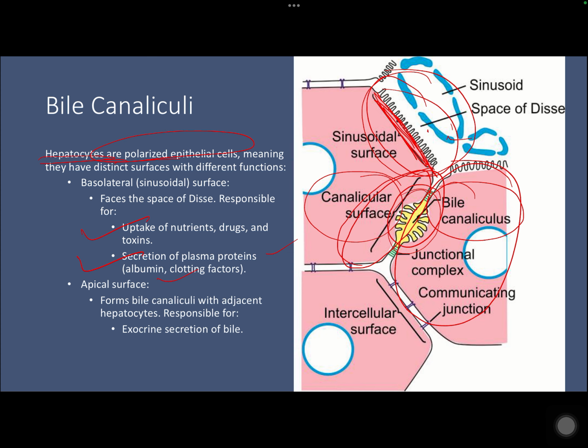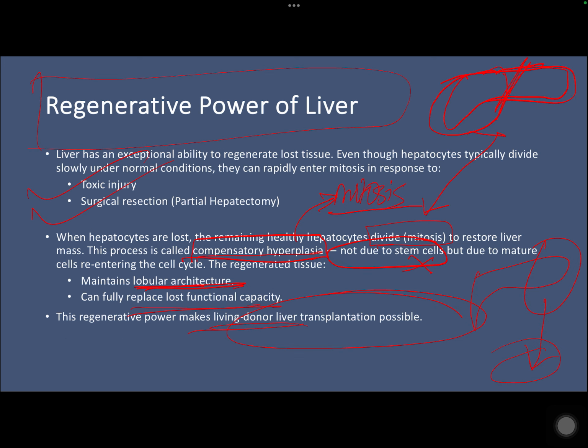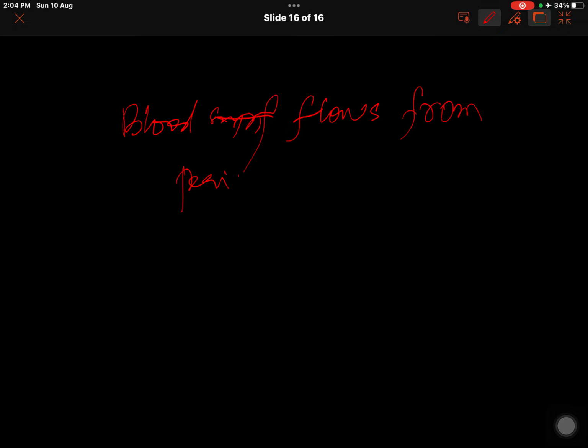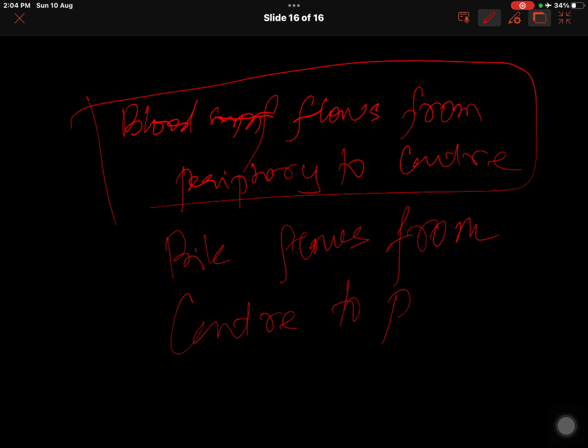Then we discussed bile canaliculi, the structure of the biliary tree, the regenerative power of the liver, and the role of stem cells and oval cells in it. One last important thing: in the blood supply, blood flows from periphery to center in the hepatocytes, but bile flows in the opposite direction, from center to periphery.